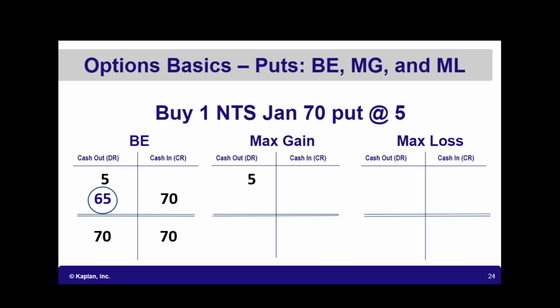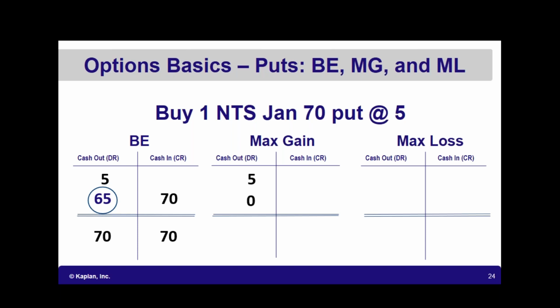And how low can it go? Well, there's never a ceiling, because the price could go all the way up to infinity, but there is a floor. The lowest the price could drop to is 0. Now think about it. You've bought the put, and the stock's dropped to 0.